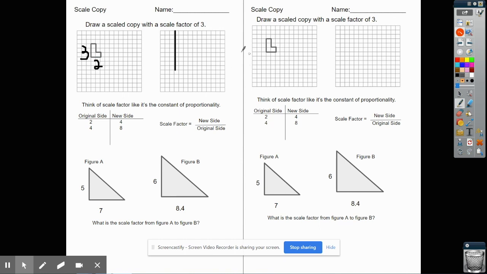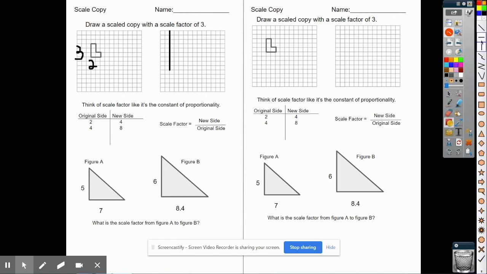So 2 times my scale factor of 3. What's my new length? Well, my new length will be 6. So I go 1, 2, 3, 4, 5, 6. I might be off a little bit on the line, but I'm pretty darn close.